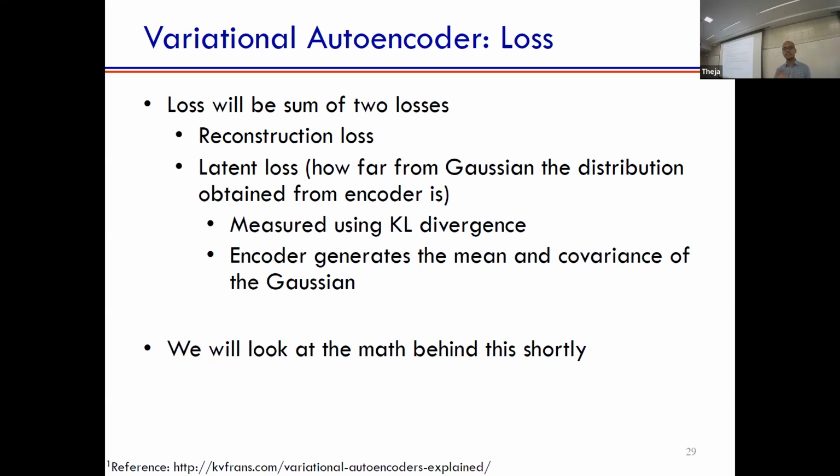So first, the change in the loss. Remember previously in the autoencoder there was a reconstruction loss, x hat minus x, 2-norm squared. We call it the reconstruction loss because we're reconstructing the input and then seeing how bad the reconstructed x hat is. There's going to be one more loss now. When we're trying to do optimization, remember, we have to train the parameters of the encoder and the parameters of the decoder together.